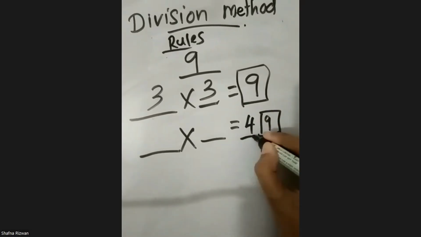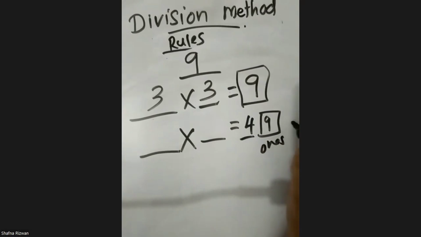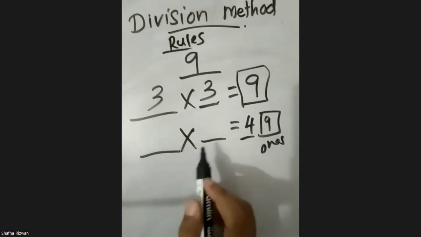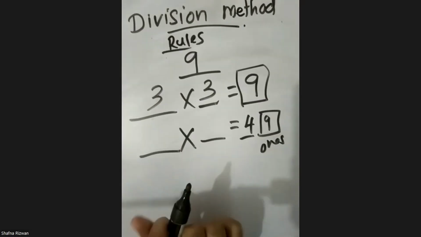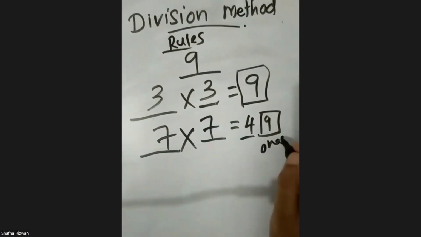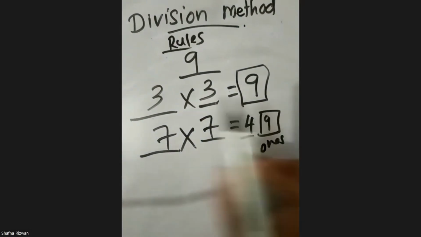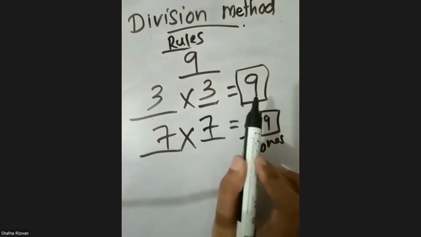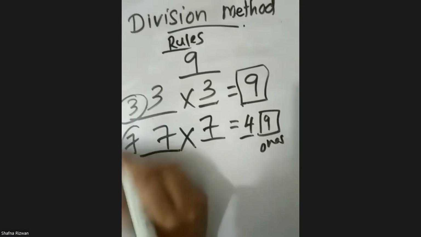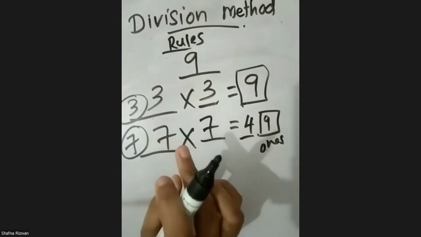If you take 49, you have 9 in the ones place. What are the two numbers you multiply to get 49? That is 7 multiplied by 7. So remember, to get 9 in your ones place or in the last digit, 3 is used and 7 is used. These are the two numbers, don't forget it.